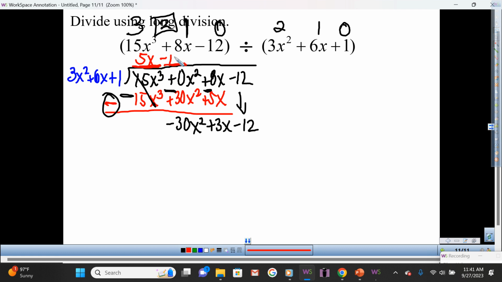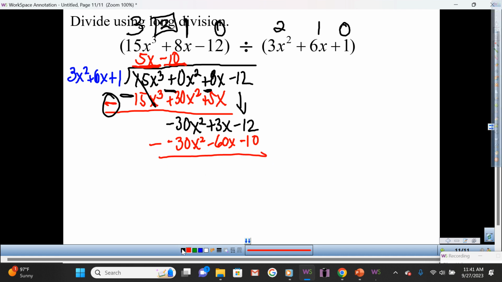Negative 10, that is correct. Negative 10 times 3x squared is negative 30x squared. Negative 10 times 6, that's negative 60x. And negative 10 times 1 is negative 10.